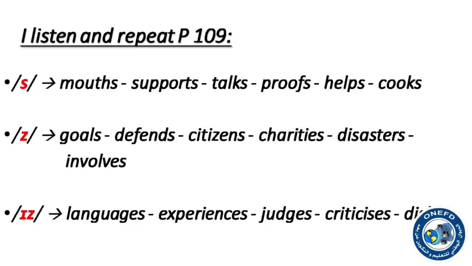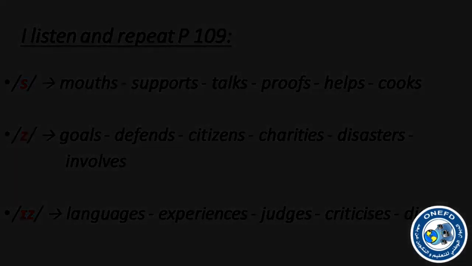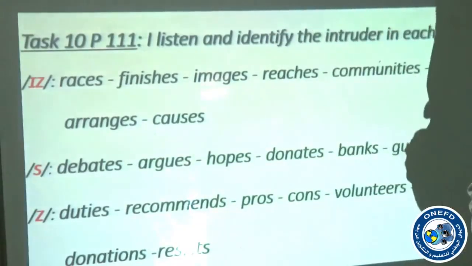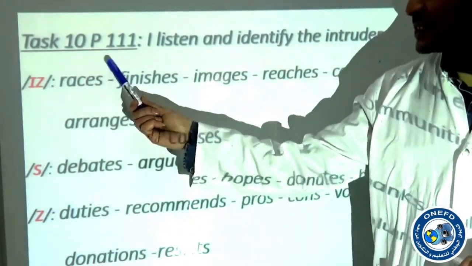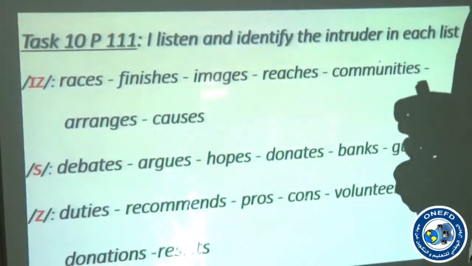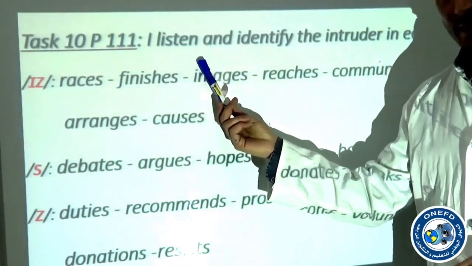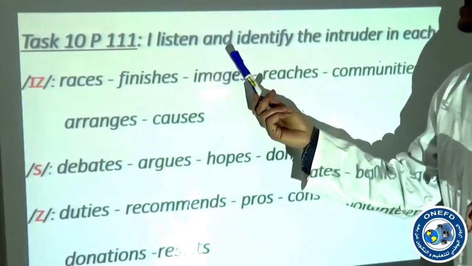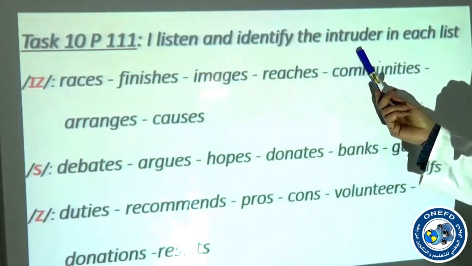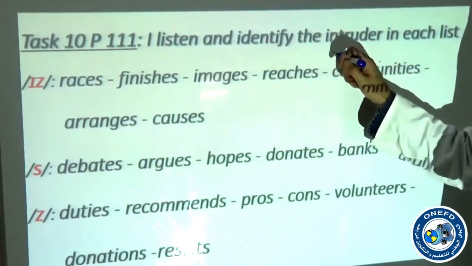Now we have got a short task, a very short task, which is on page 111, task 10. You can take the book, of course. I listen to the script and identify the intruder in each list. What do we mean by intruder?